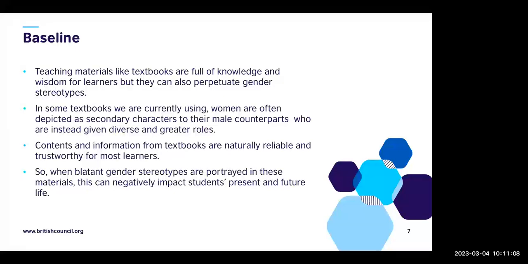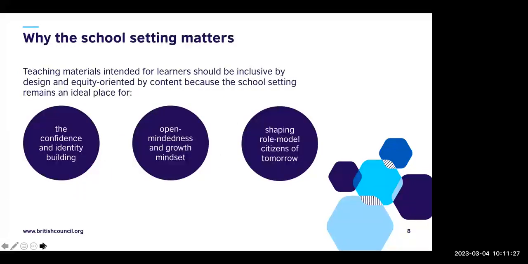What we have to know is that content and information from textbooks are naturally reliable and trustworthy for most learners. So when blatant gender stereotypes are portrayed in these materials, this can negatively impact students' present and future life. Next slide, please.